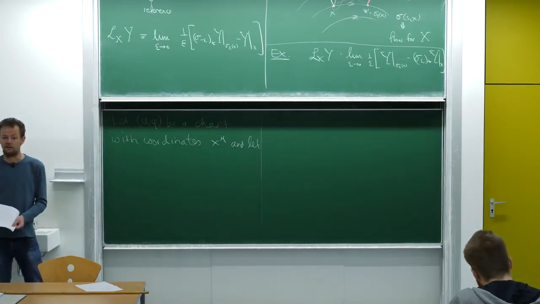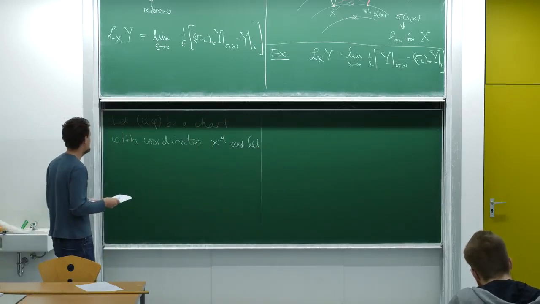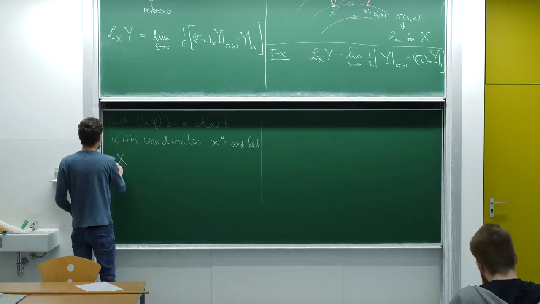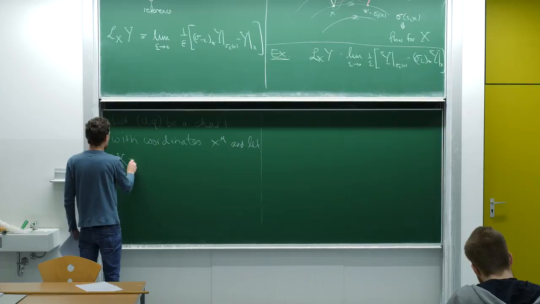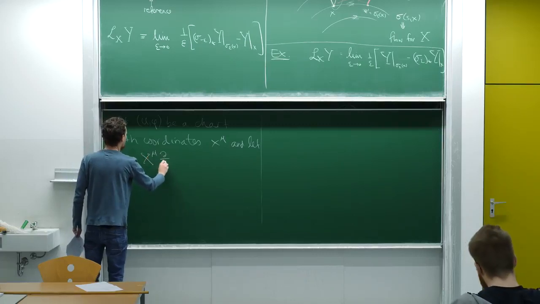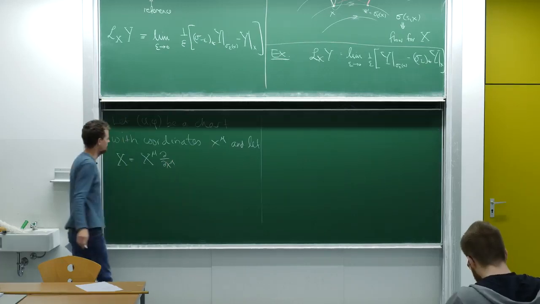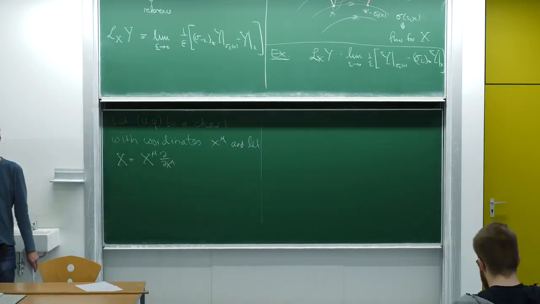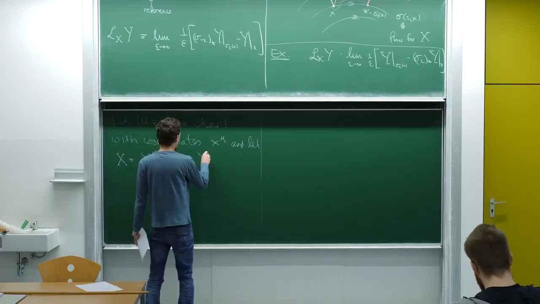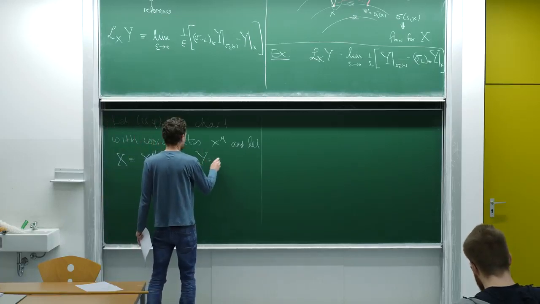Just going to write out everything now in terms of coordinates. We need a chart for that. We're going to name the coordinates x^mu. And now we're going to have to write down our vector fields in terms of these coordinates. So in terms of the coordinate basis, our vector field X is written as X^mu d/dx^mu, and Y similarly.